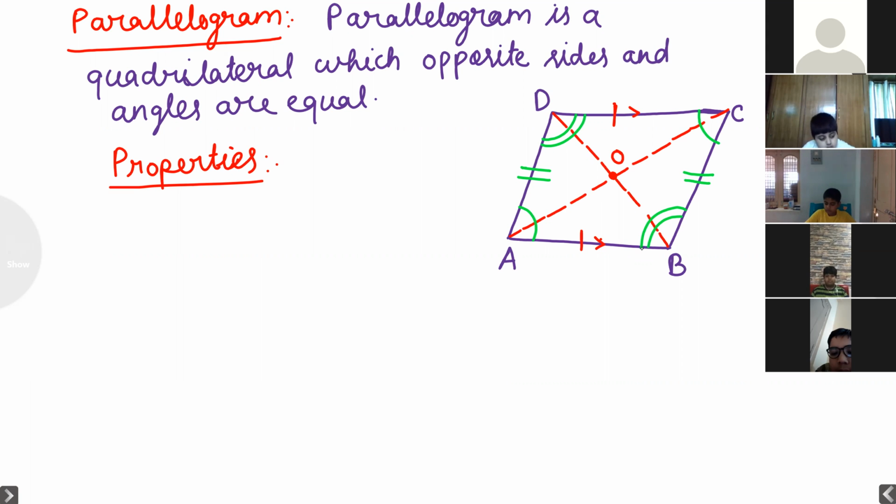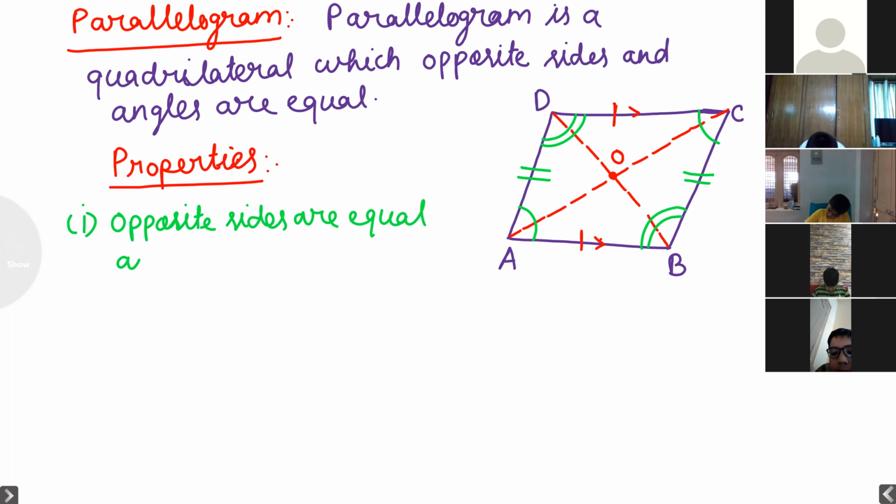First property: opposite sides are equal and parallel. If I'm talking about opposite sides, AB is opposite to DC.